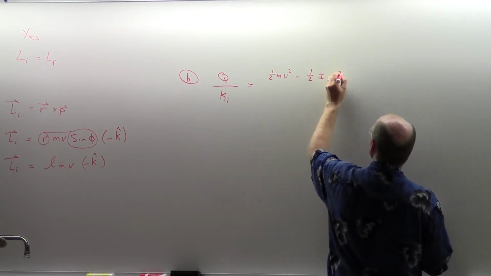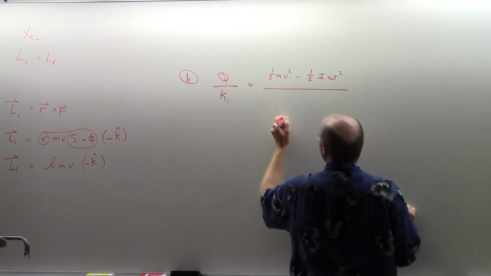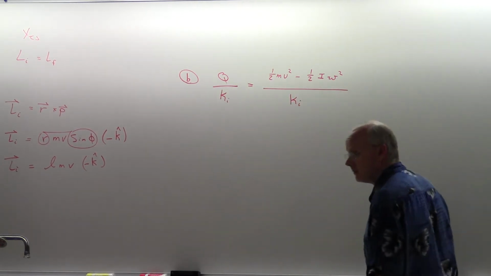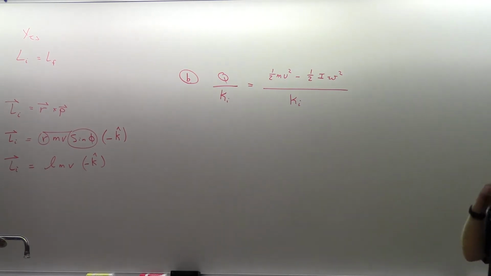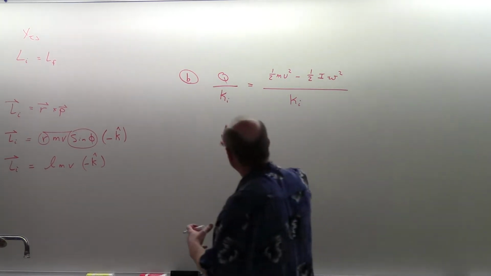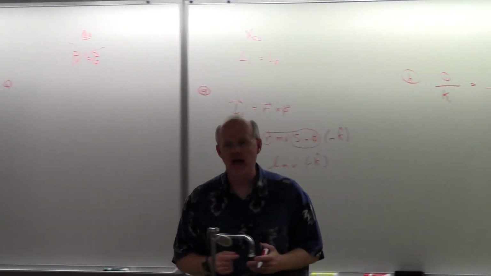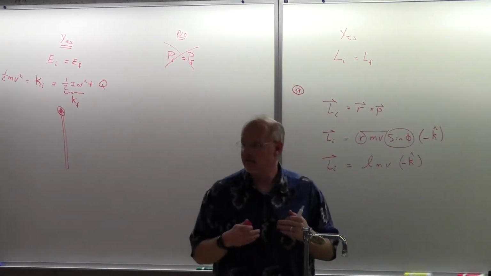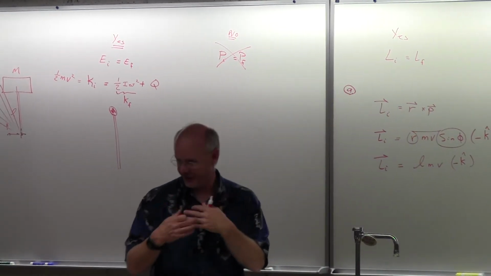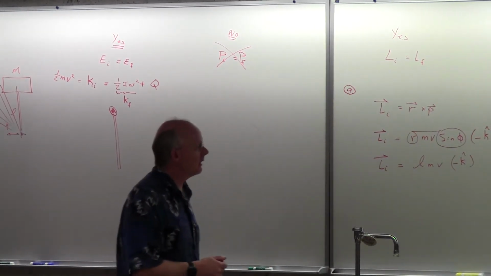This is how much you ended with, and the difference between those is the heat. But again, we just want to emphasize the question. You can miss that real easy. The question is not saying find Q. It's finding Q over the original kinetic energy.